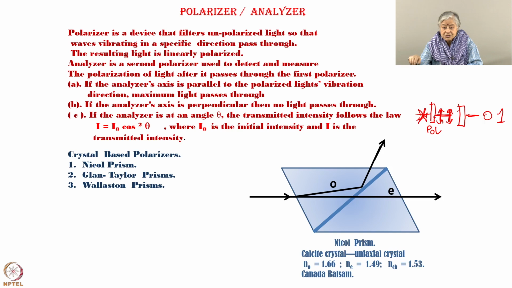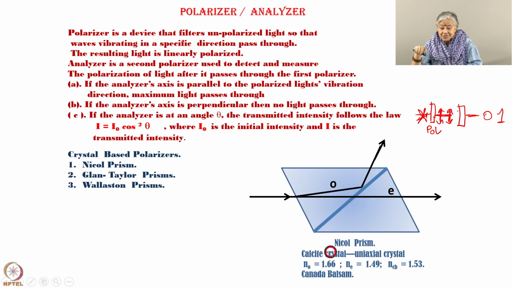How does it polarize? These two prisms are stuck together by a glue called Canada balsam, or Canada balm. So this dark blue line is a glue. Now what is the importance of this Canada balm?